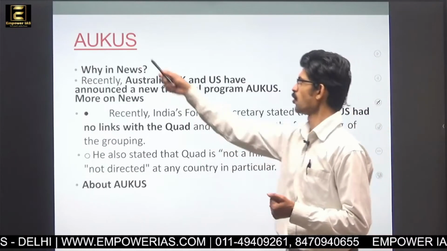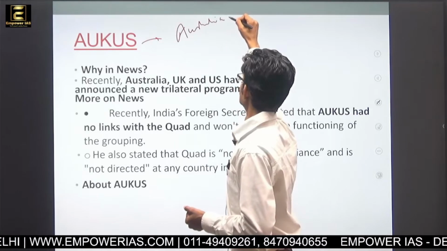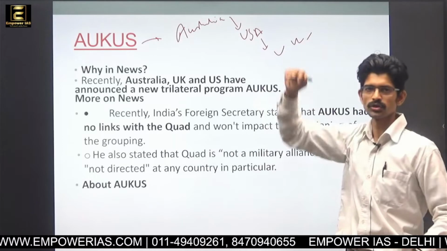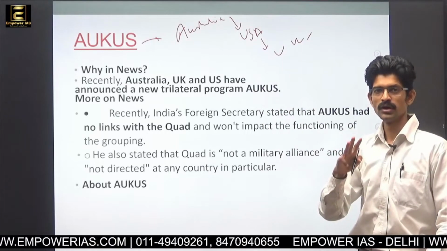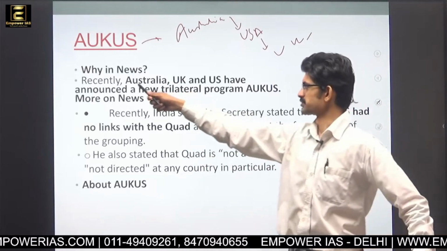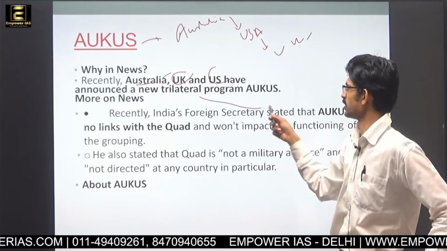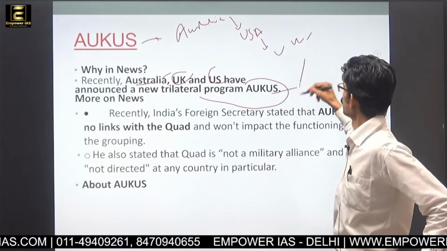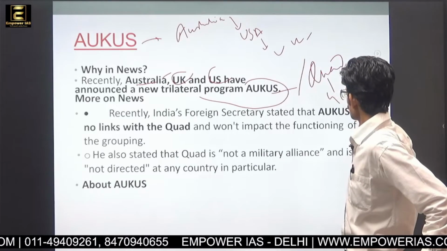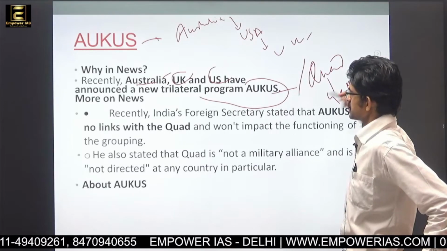Now, what is AUKUS, which again makes news? Australia, USA and UK make up the group, a new front of Australia, UK and USA, that is AUKUS. Recently Australia, UK and US announced a trilateral program of AUKUS, and how is it different from Quad? Quad is a 4-member grouping excluding the UK, and this includes the USA.